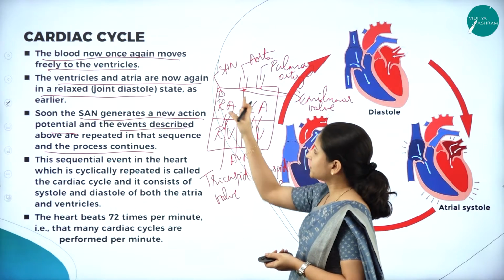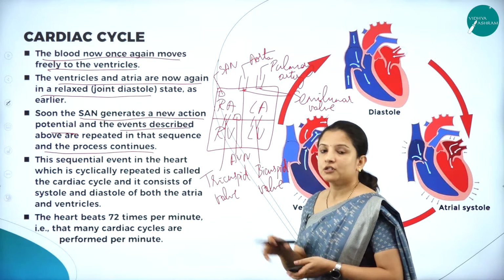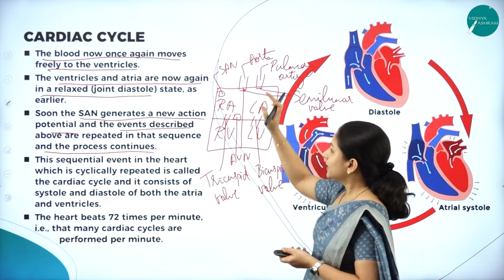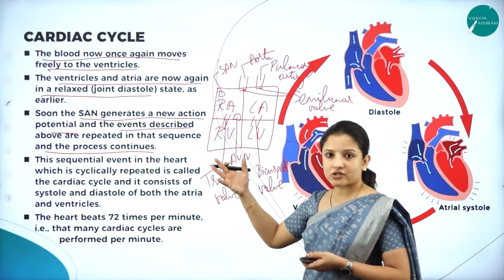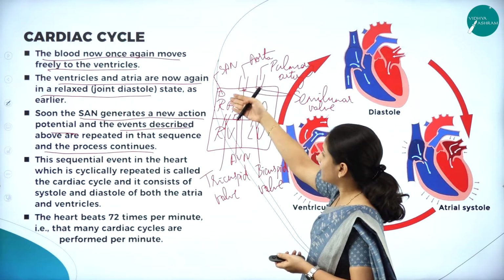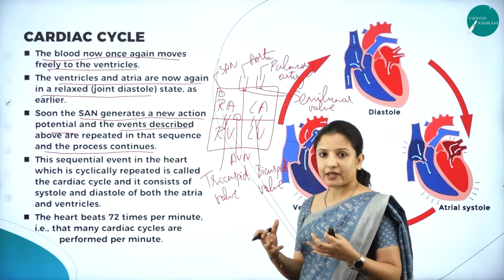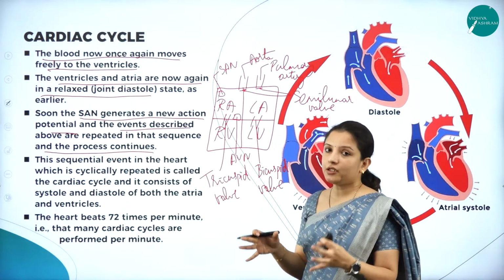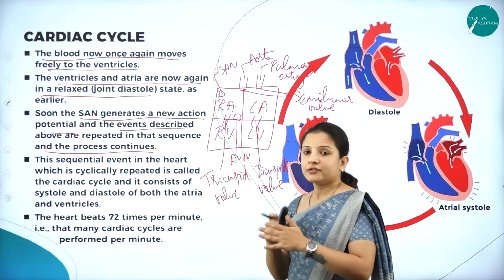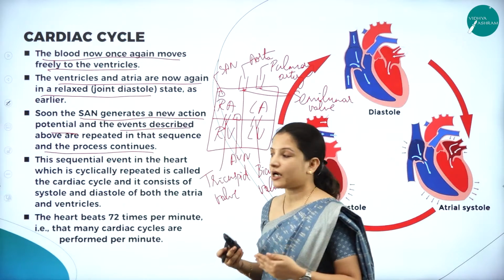After that, what happens? It is the function of the sinoatrial node. Again, the sinoatrial node generates a new action potential, and the same process continues with the sinoatrial node. So it continues, hence it is called a cardiac cycle.